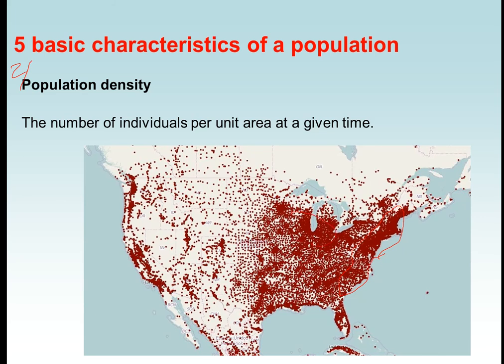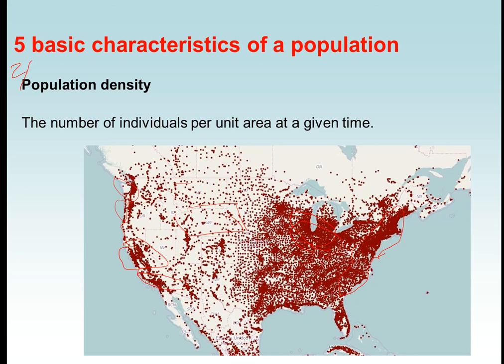Up here in Chicago and Michigan, these are very densely populated areas. Of course, Southern California, around the Los Angeles area, then on up towards San Francisco and Washington. But now if you go out west, here's Wyoming in here. That's not very densely populated.